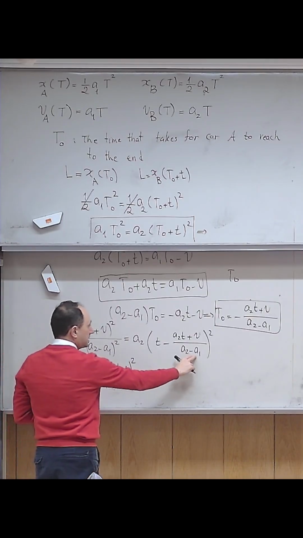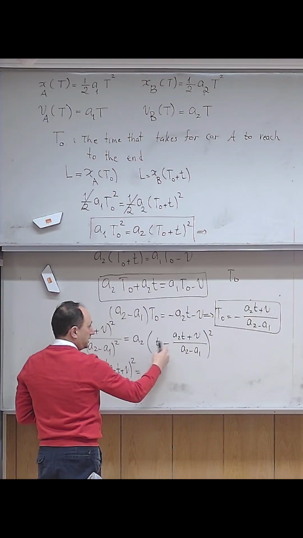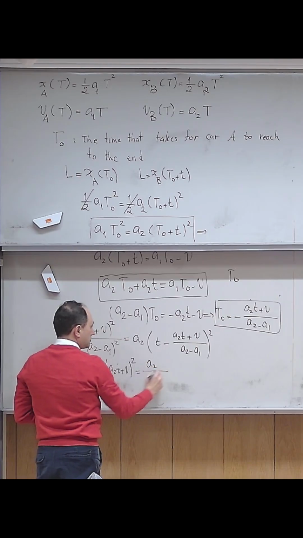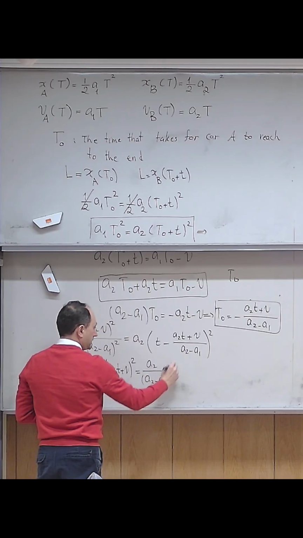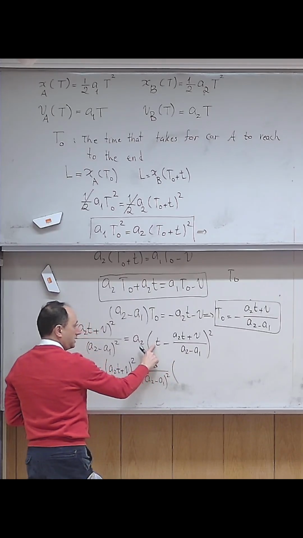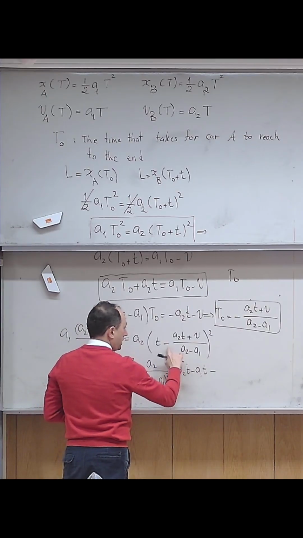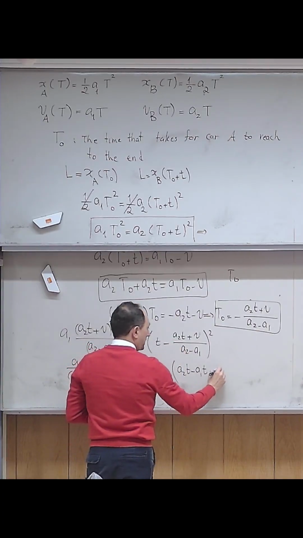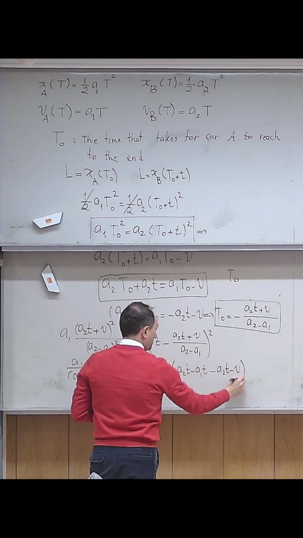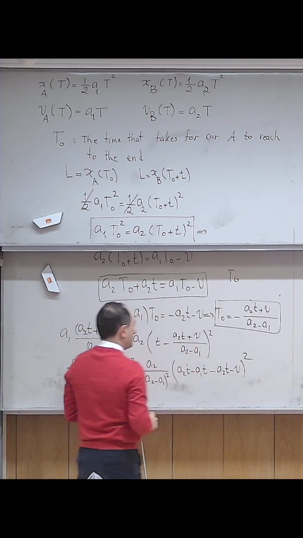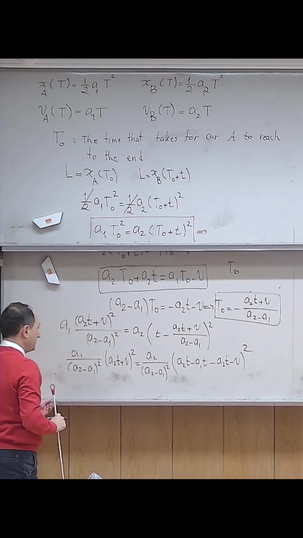But here I can take the common denominator. The denominator to power 2 will go out, so it becomes A2 minus A1 squared. But this is now multiplied here, so this becomes A2T minus A1T, and this minus sign will go here, so it becomes minus A2T minus V. And then I have a power of 2 here.